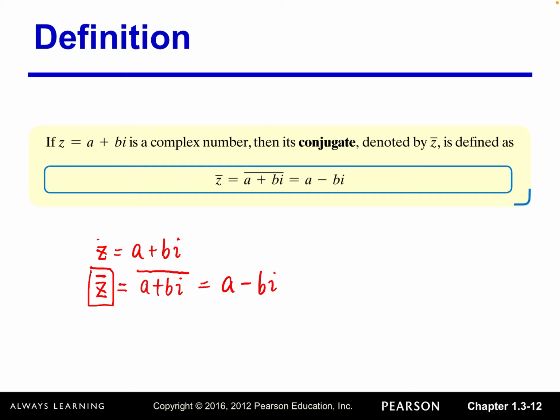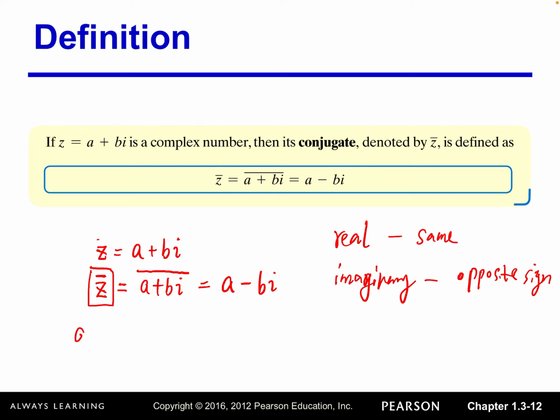So what is a conjugate? For the conjugate of a complex number, the real part remains the same, but the imaginary part has the opposite sign. So if originally it is positive, the opposite sign will be negative.